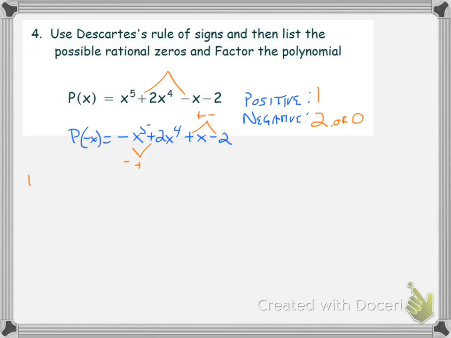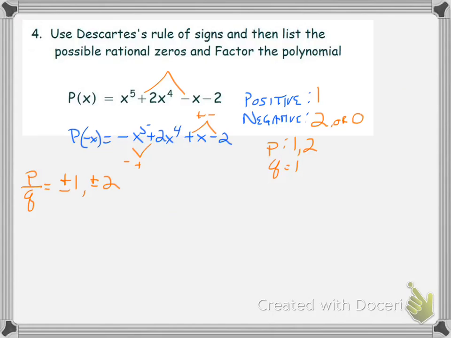First I have to find my p over q, my list of possible rational zeros. My p is either 1 or 2, my q is just 1, so I have plus or minus 1, plus or minus 2.